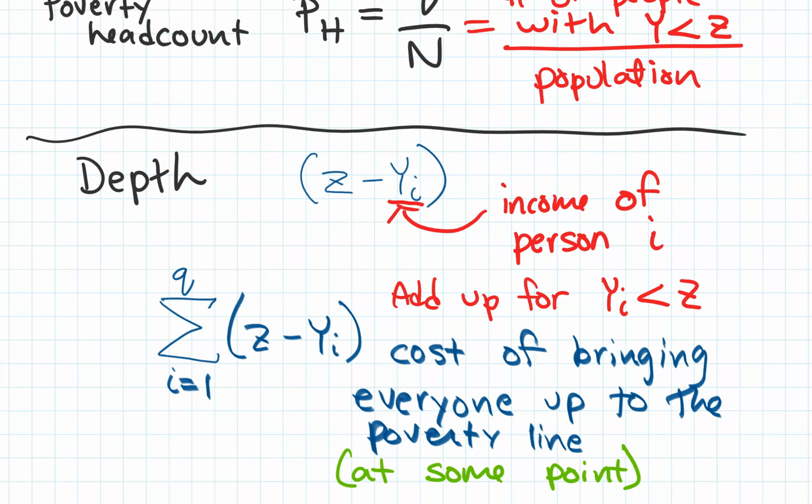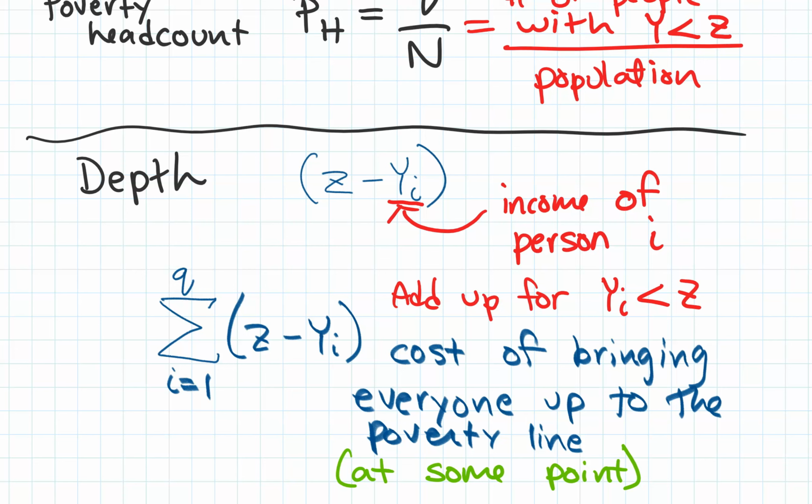But this is the interpretation of this thing, and the difference between this and the head count is that this one will give us an idea of how deep in poverty people are, how far below the line they are. Notice, let's suppose our person who before was earning $20 and the poverty line was $30 a month. If we started to give them $5 a month in income, which might make a difference in their life, it wouldn't change the poverty head count because they would still be below 30, but it would make the depth of poverty less.